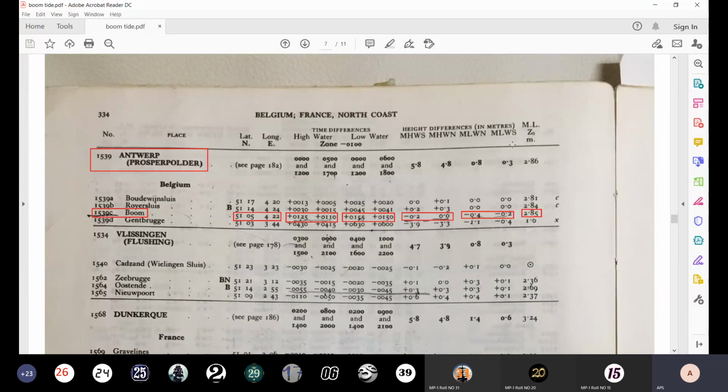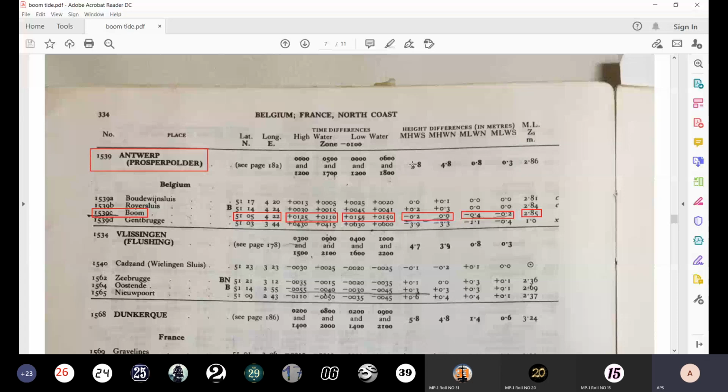Now come here, low water is these two columns. High water is these two columns as far as height difference calculation is required. So for height difference, the first two columns are of high water, you can see those two alphabets in between, high water, then low water, basically for neap and spring.